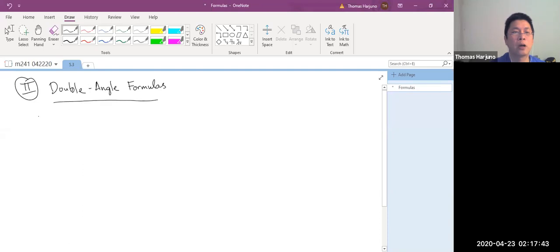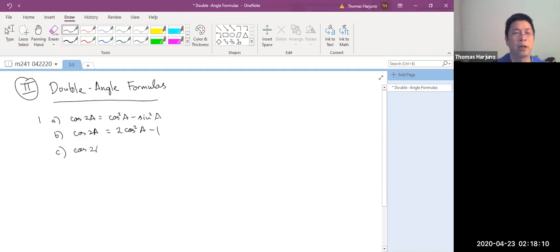The first one, part A, cosine 2A equals cosine squared A minus sine squared A. The second variation is 2 cosine squared A minus 1.